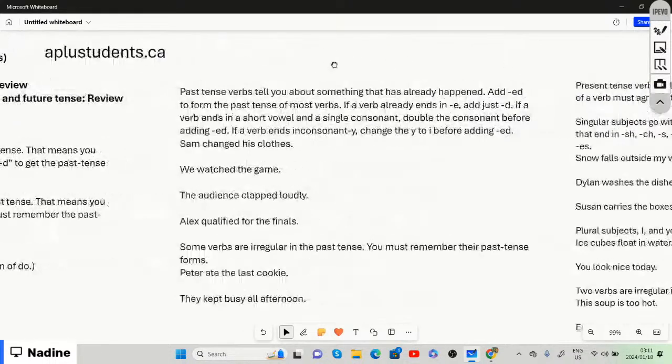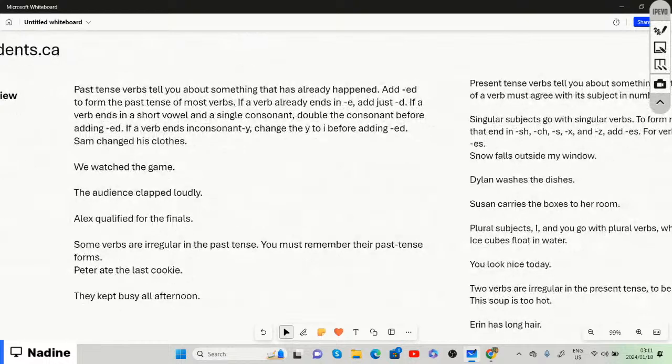All right. So when it comes to our different tenses, I said that it is either the action being done in the present tense, in the past tense, or in the future tense.